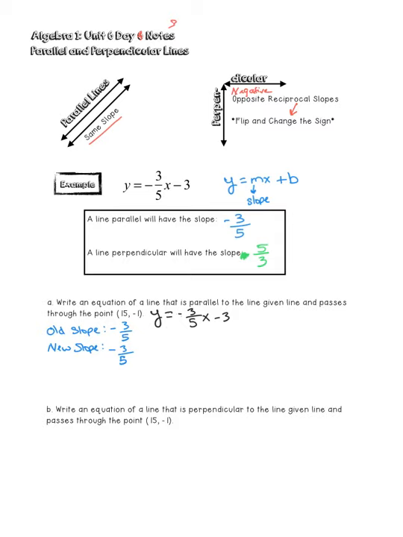Now, we have to write it through the point 15, negative 1. So this is where Mrs. Gates is going to use all her colors. This is my x, this is my y.